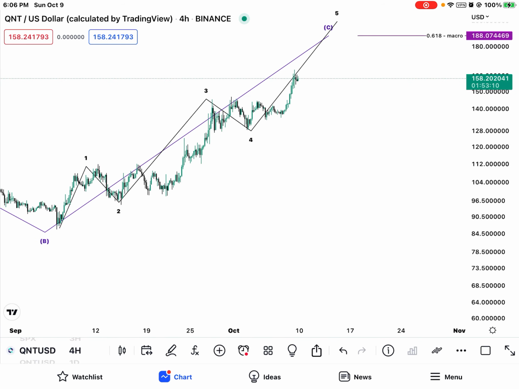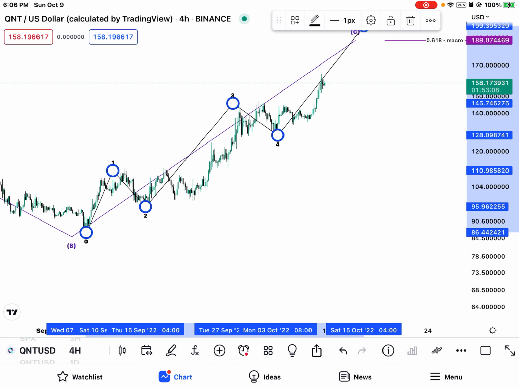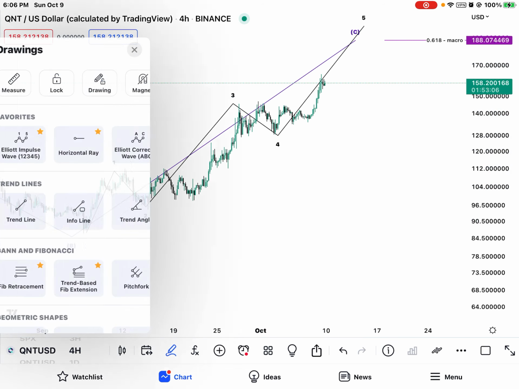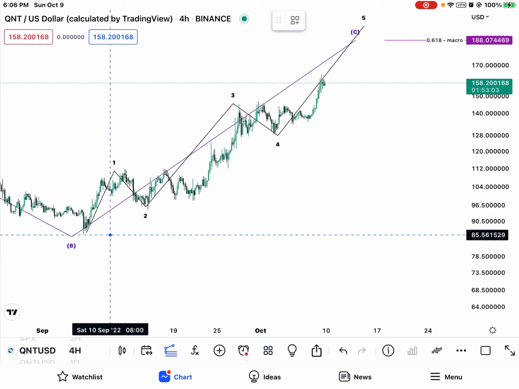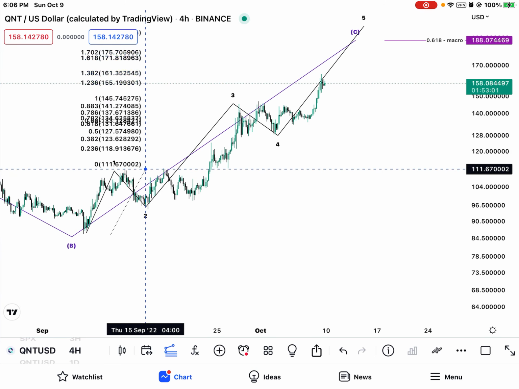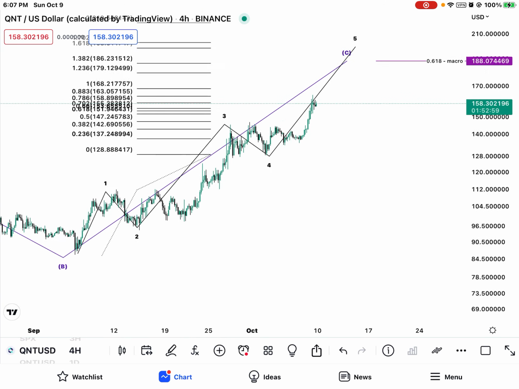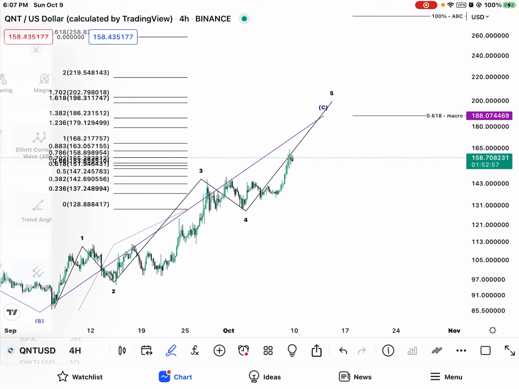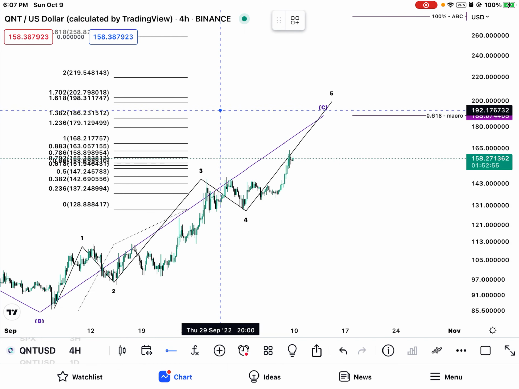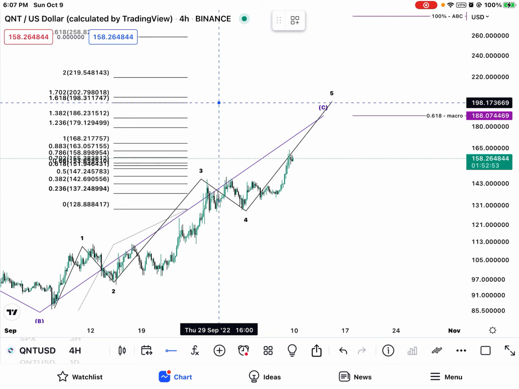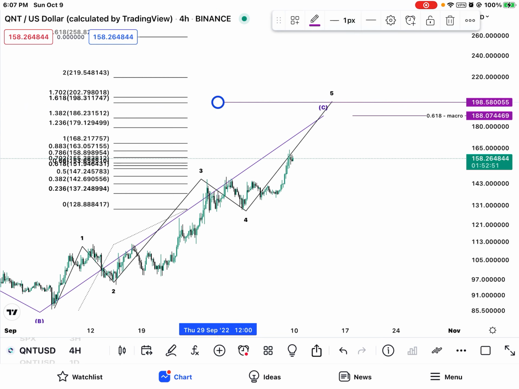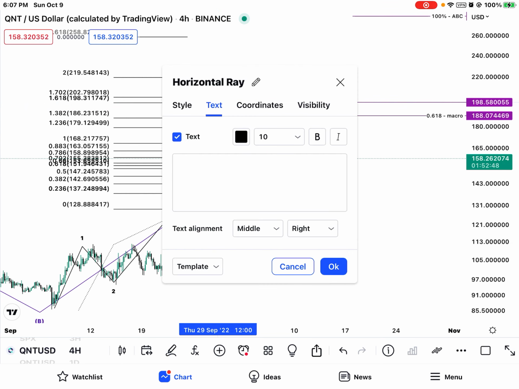Now, when we find our wave 5, we can place a Fibonacci in many different ways. We can go from the bottom of wave 1 to the top and up to the bottom of 4. And where does our 1.618 take us? Takes us to this 198 region right here.